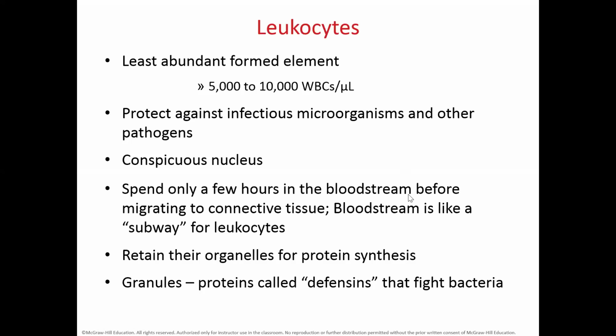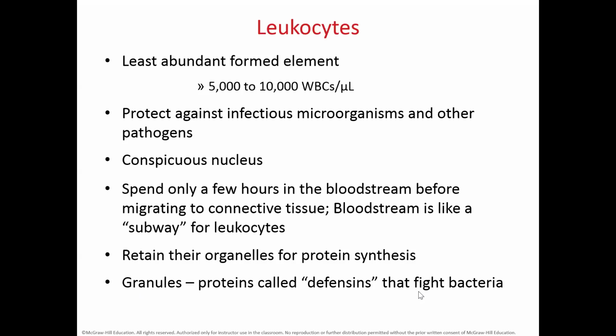PowerPoint on leukocytes. And as I stated earlier, there are 5 different types of leukocytes. And they're also based on 3 of them being considered granulocytes and 2 of them agranulocytes. So the ones that are granulocytes contain granules, and these are proteins called defensins that fight bacteria.